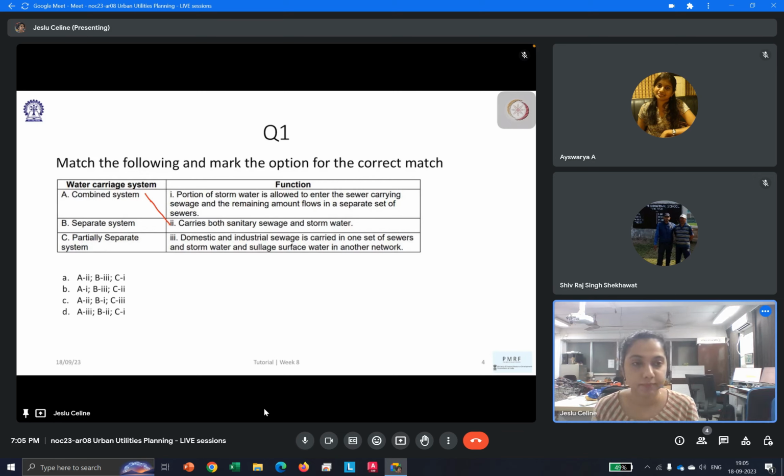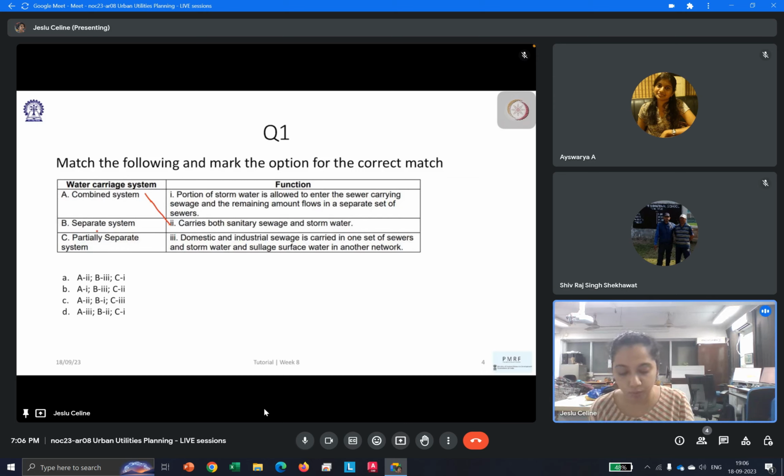B. Okay, so B is a separate system that they've asked. We have two options.